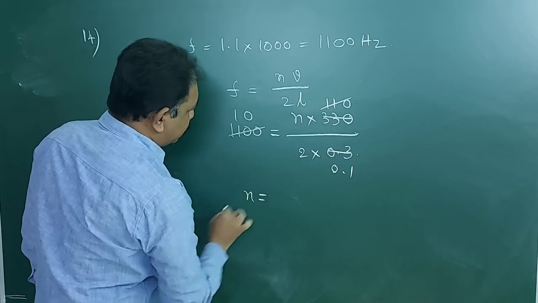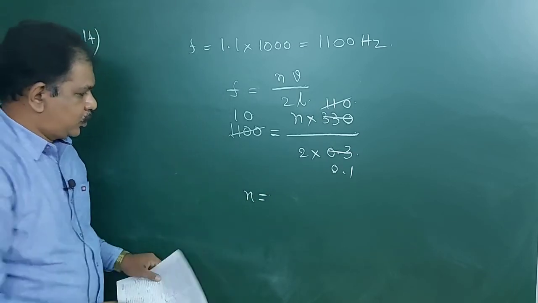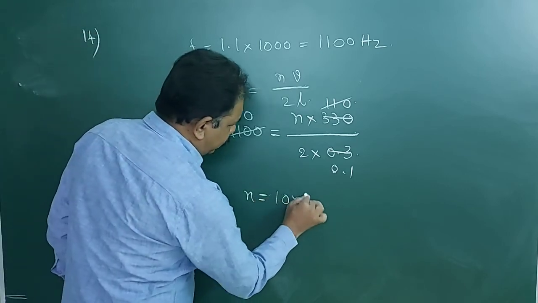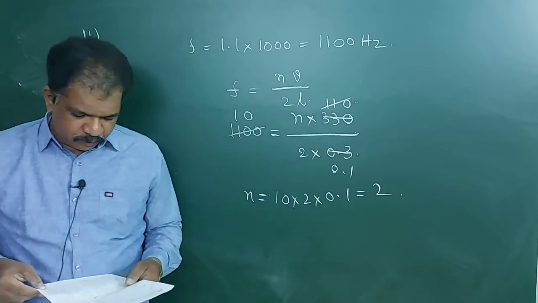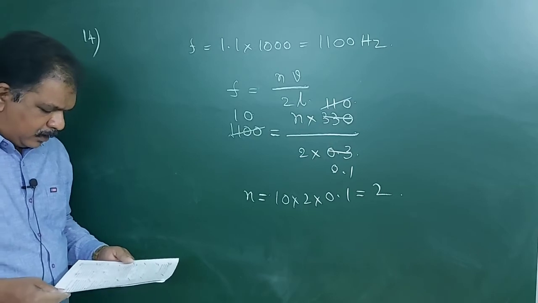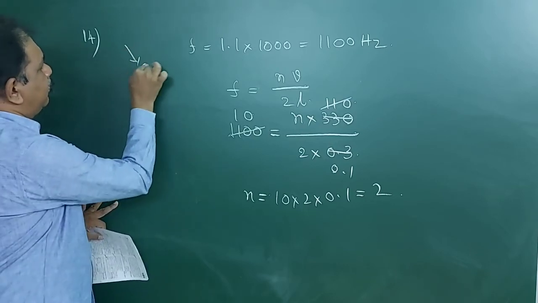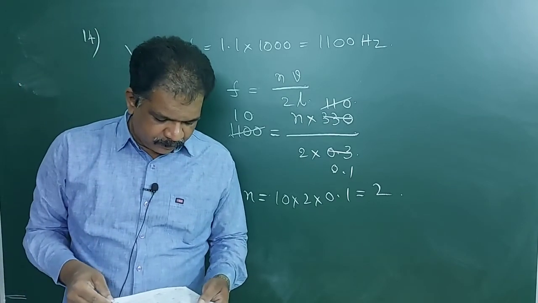So n is equal to 2. So it will be the second harmonic, 14th it will be the 4th option.